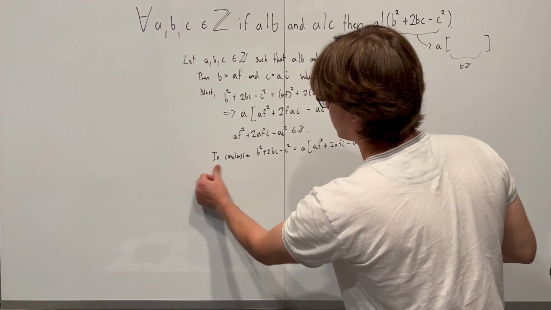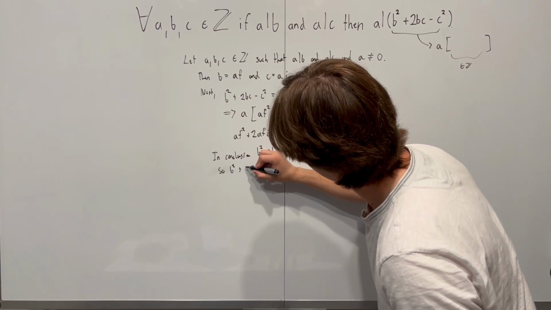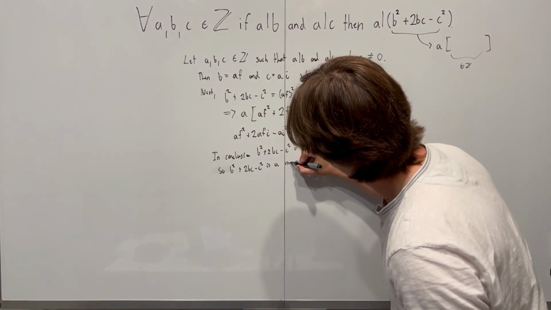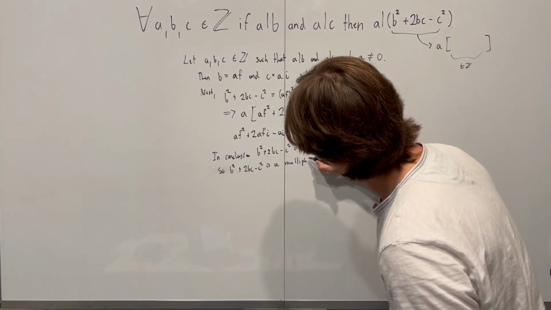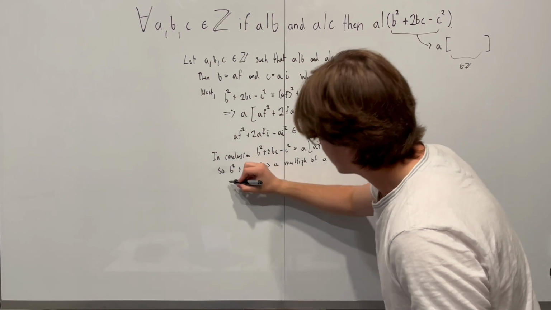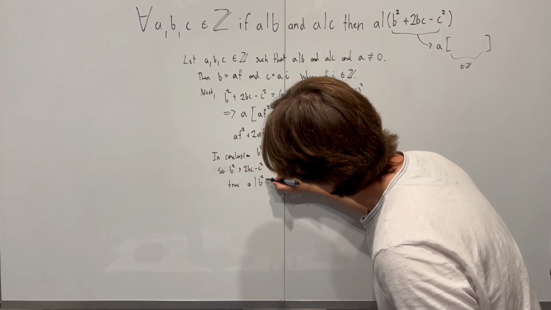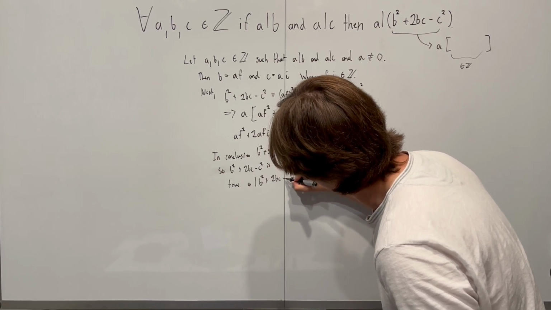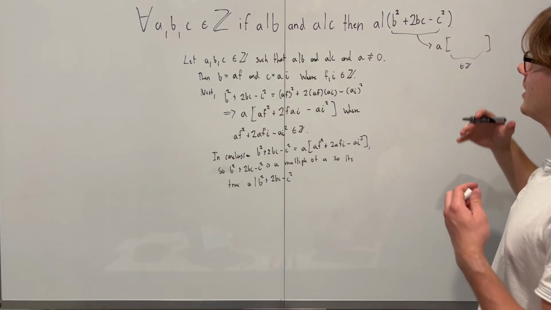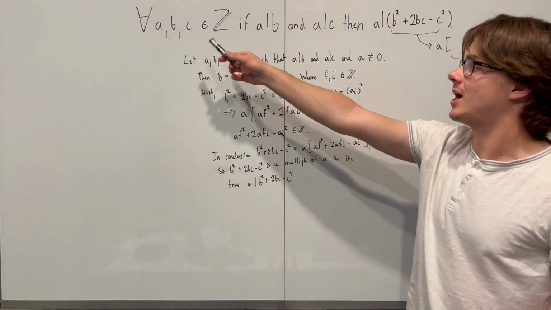So b squared plus 2bc minus c squared is a multiple of a, so it's true that a divides b squared plus 2bc minus c squared. Fantastic. We have now proven that this statement up here is in fact going to be true for all integers a, b, and c.